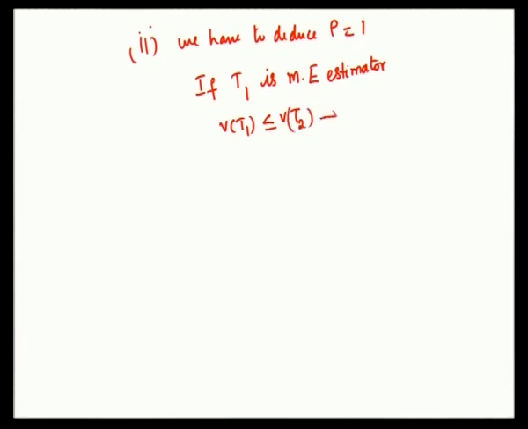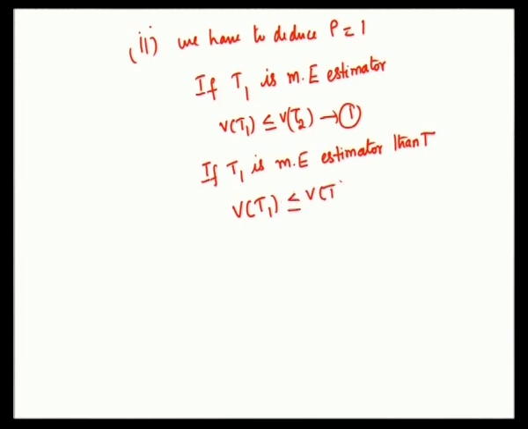This is the general concept. And if T1 is the most efficient estimator than T, then you have variance of T1 is less than or equal to variance of T, which I can write as variance of T is greater than or equal to variance of T1.